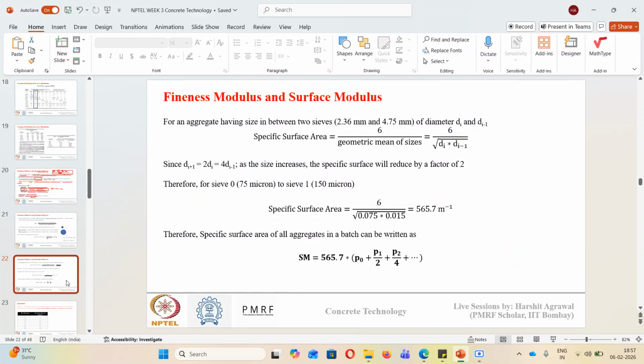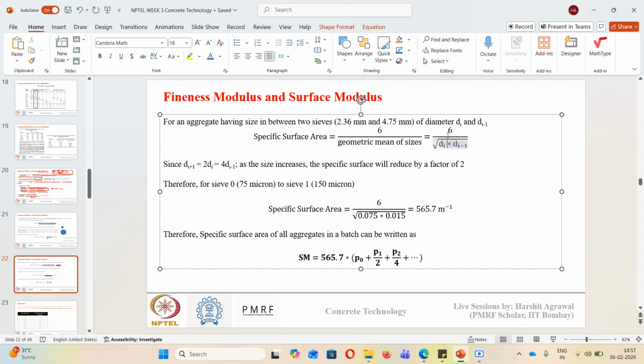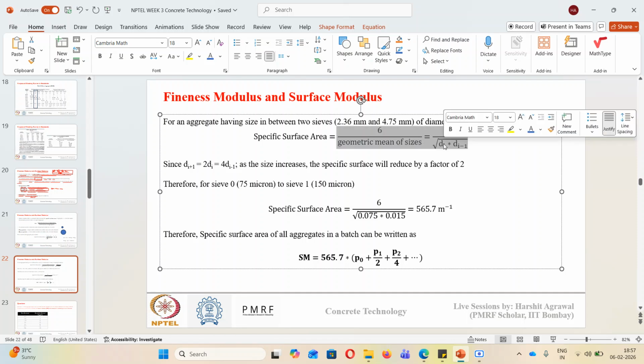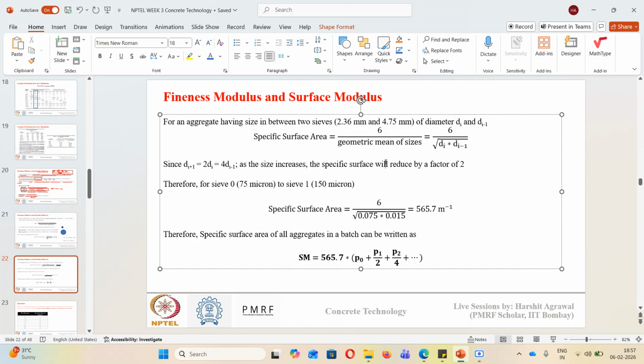So for those aggregates we need a different measure of size, and that's why we take the geometric mean of sieve size. It is 6 upon the square root of di into di minus 1, which is how we define the geometric mean of two numbers.